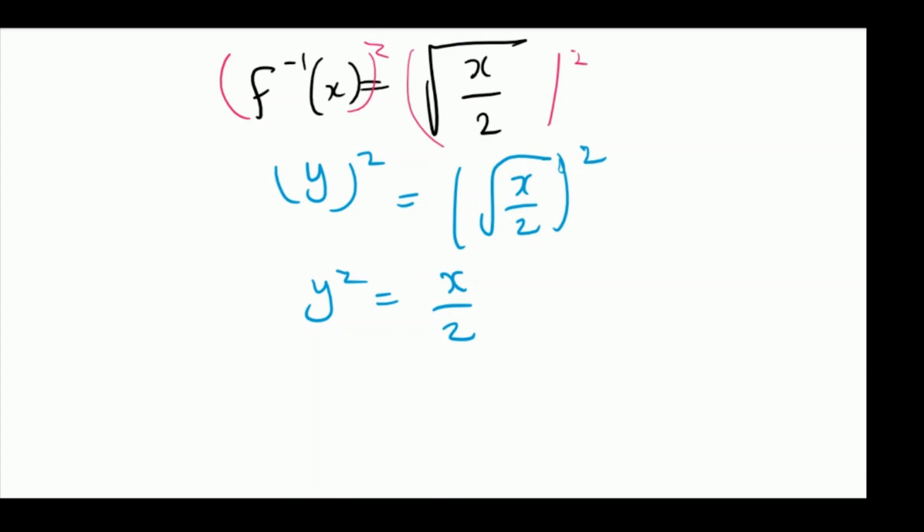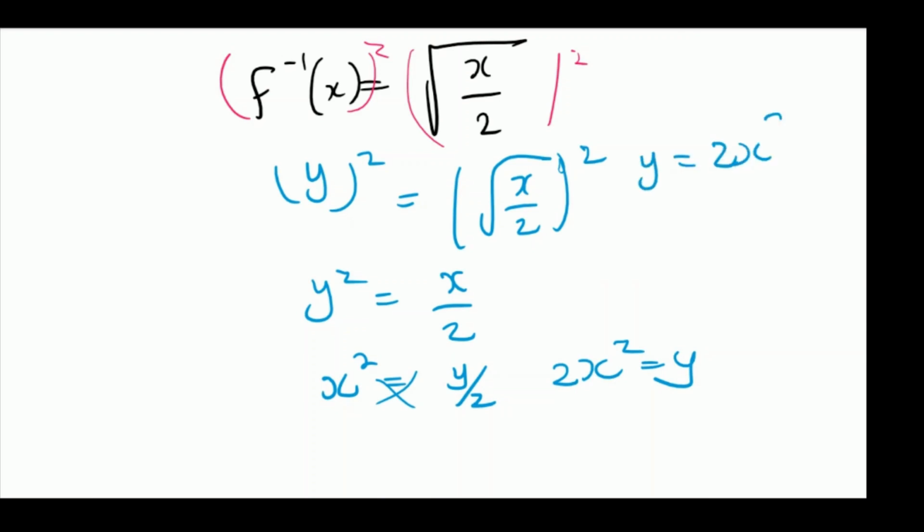Where there's x, you put y, where there's y, you put x. So here it's going to be x squared equals y over 2. Then we cross multiply. So it's going to be 2x squared equals y, right? Now we derive this. How do we derive y equals 2x squared? It's going to be 4x. So this is the derivative that is required.